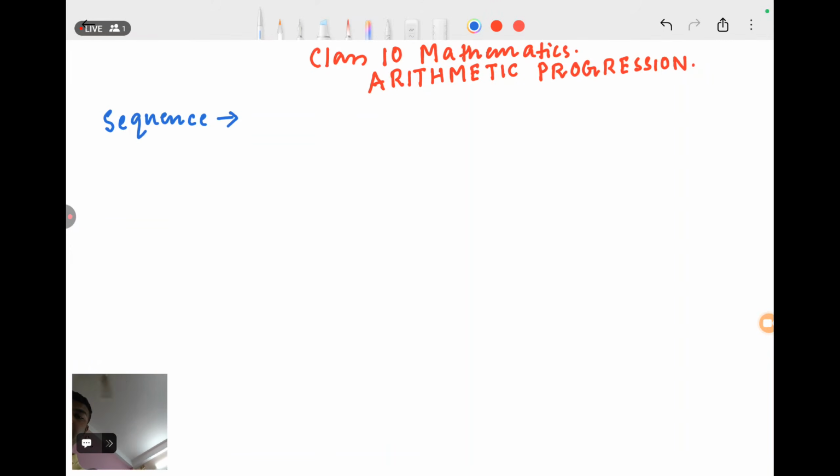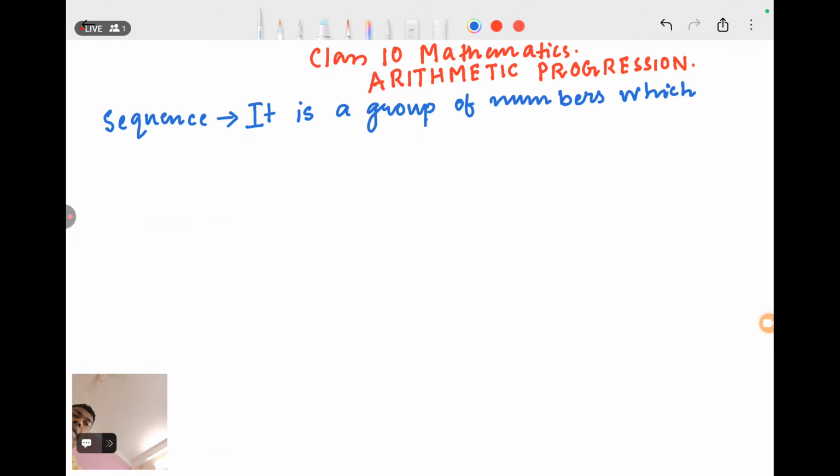So, sequence: it is a group of numbers which is arranged in a definite order.